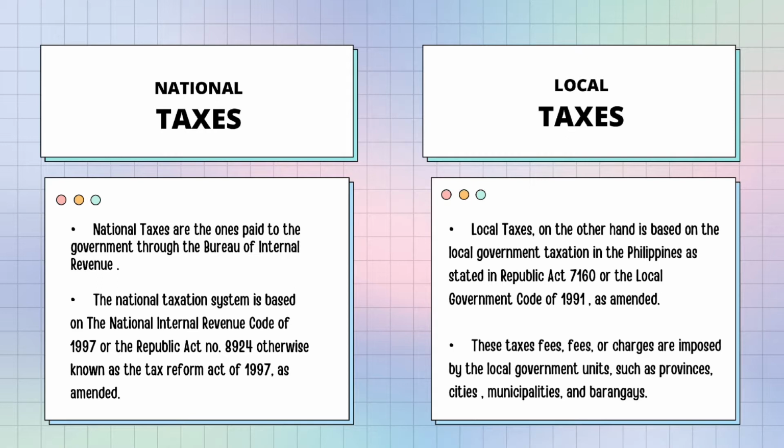The examples of national taxes: capital gains tax, documentary stamp tax, donor's tax, estate tax, excise tax, income tax, percentage tax, value added tax or the VAT, withholding tax, and on compensation tax.